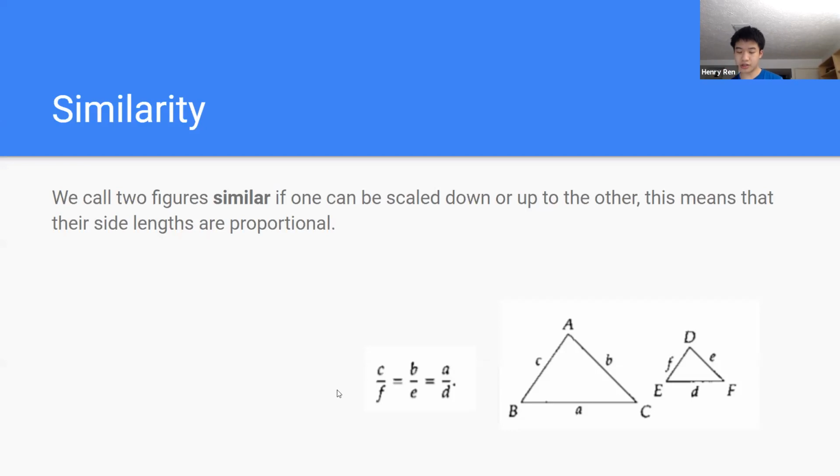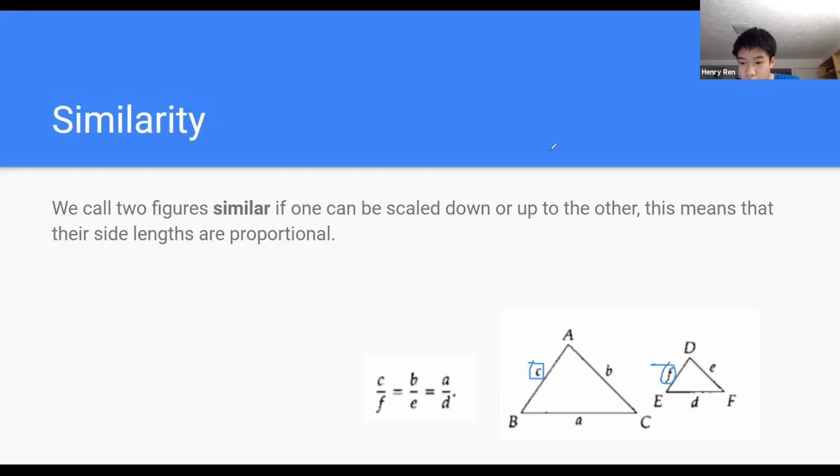Okay, their side lengths are proportional. So in this case, C divided by F, so let's turn on annotations. This side length C and this side length F are proportional to each other. We've learned what proportional means in another class.